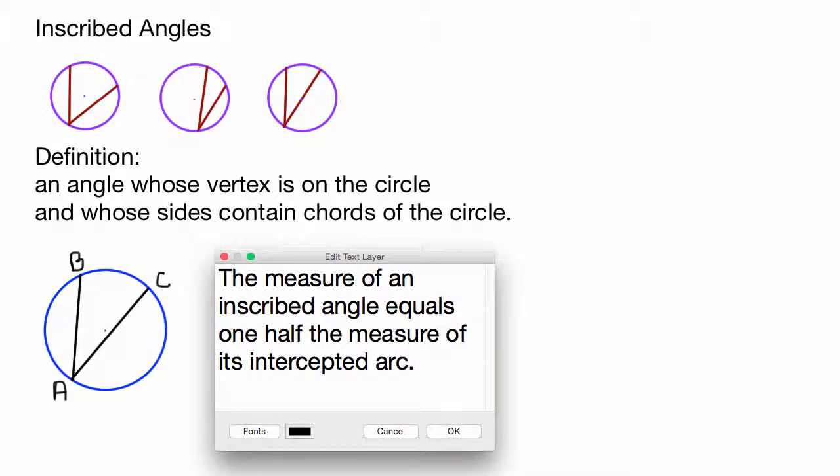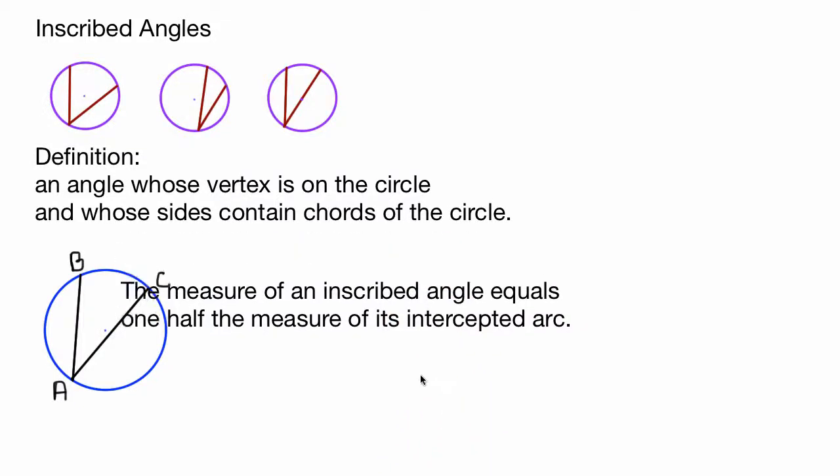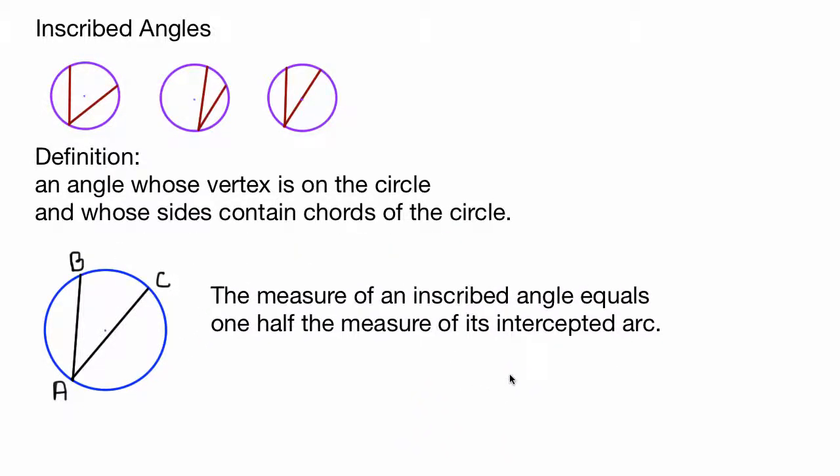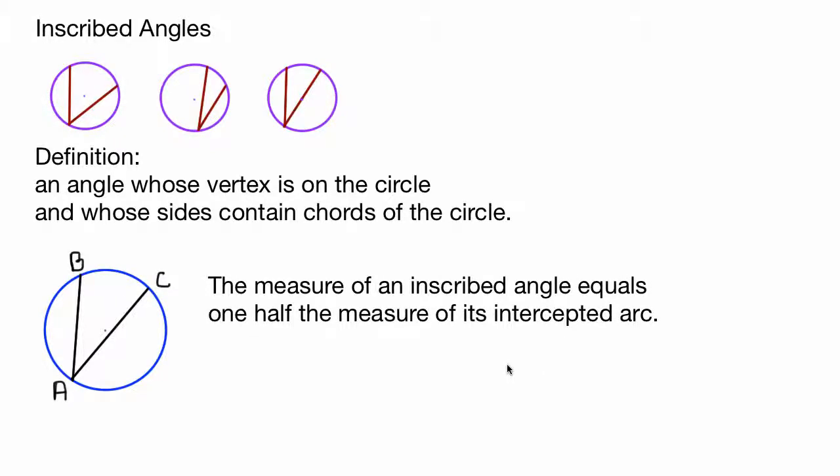Okay. Good. So the measure of an inscribed angle equals 1/2 the measure of its intercepted arc.